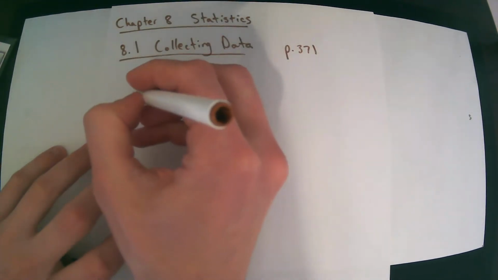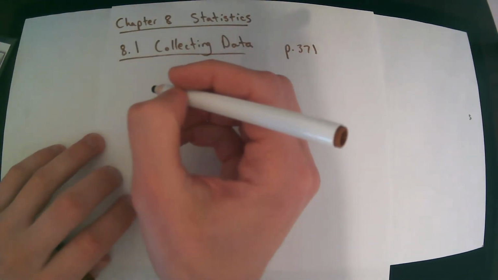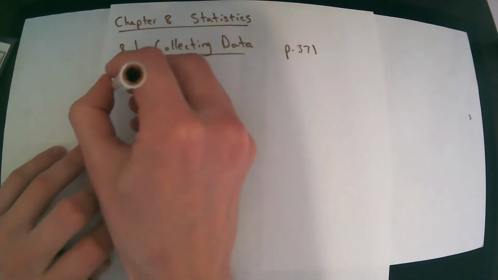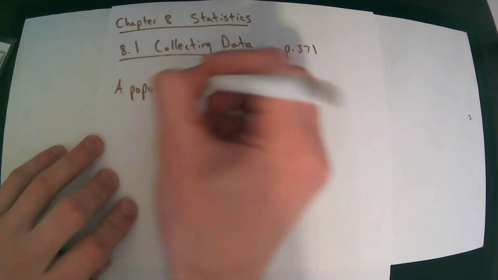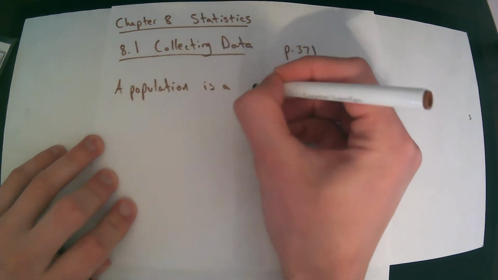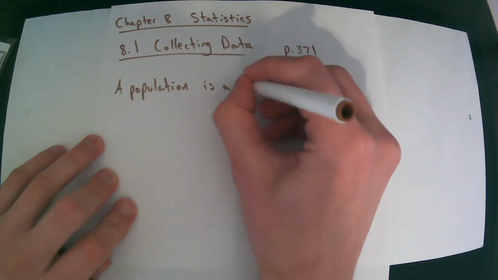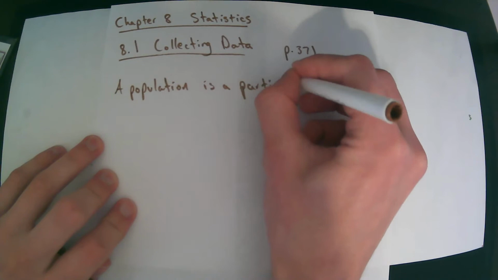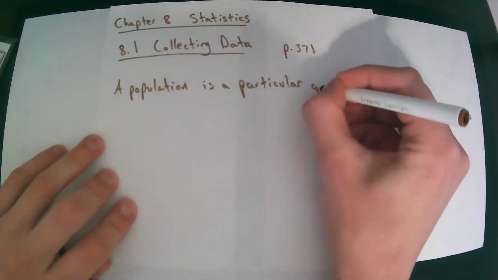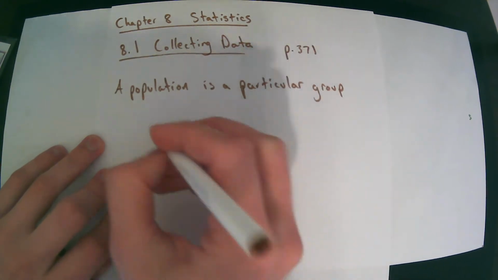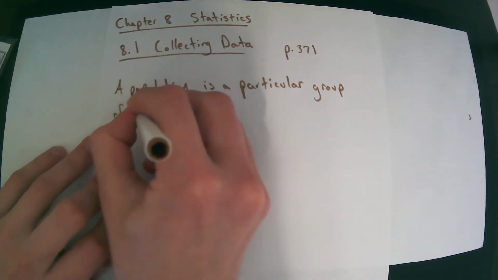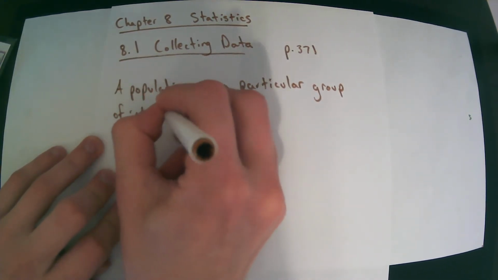So a population is a particular group of interest in a study. Okay, so this is going to be the broader group that we're looking at whenever we're doing one of these collecting data problems.